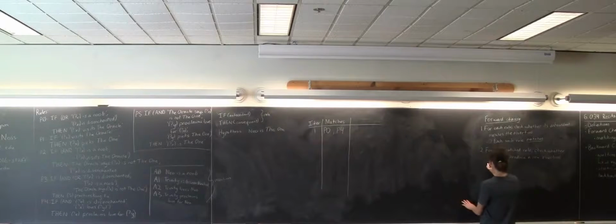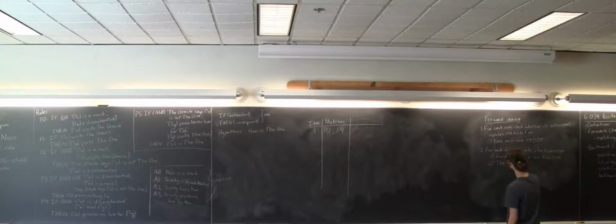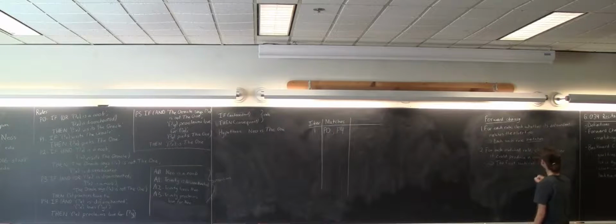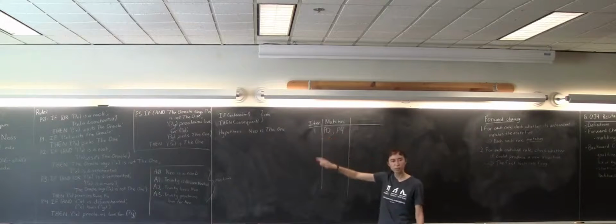We'll say that the first rule for which this is true fires. So if we go through these rules, we'll look at P0 first. Could P0 produce a new assertion?